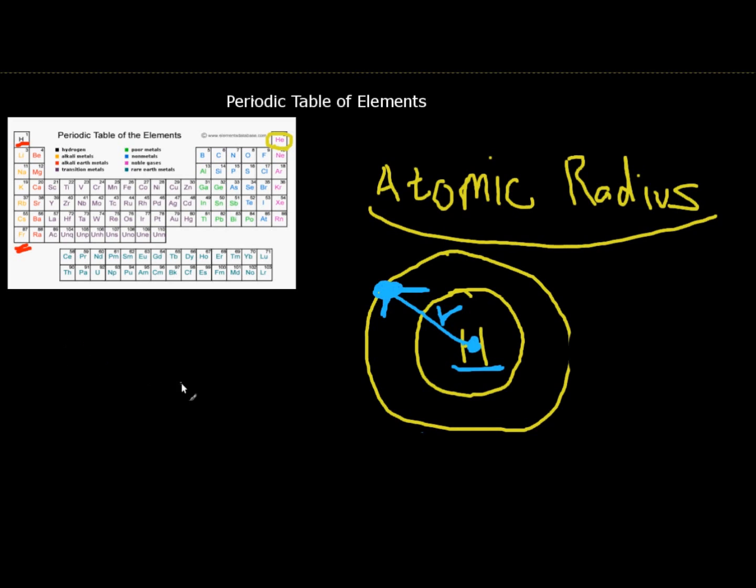Now obviously you can imagine that those 87 will have a much larger force of attraction than this. However, what you also need to remember is that it has 7 shells, while hydrogen has just the 1 shell. As you go down the group, you add shells.